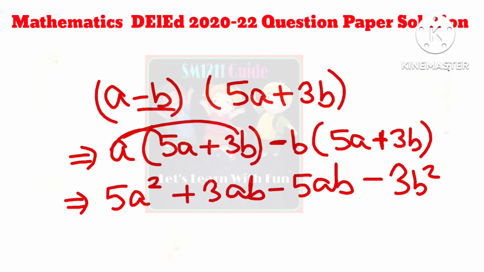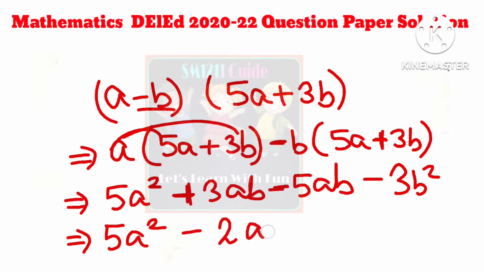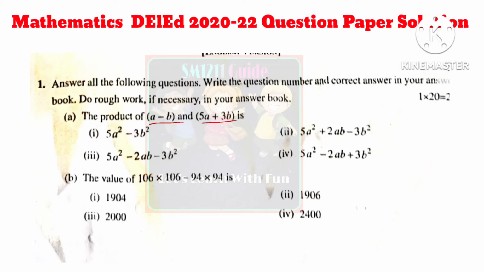Now further solving, you will get 5a square; here we have plus, here we have minus, that means we need to find out the difference. So 5 minus 3 is 2, and you need to give the sign of the bigger one, so minus 2ab minus 3b square. So this is our final answer. So here our option will be number 3.